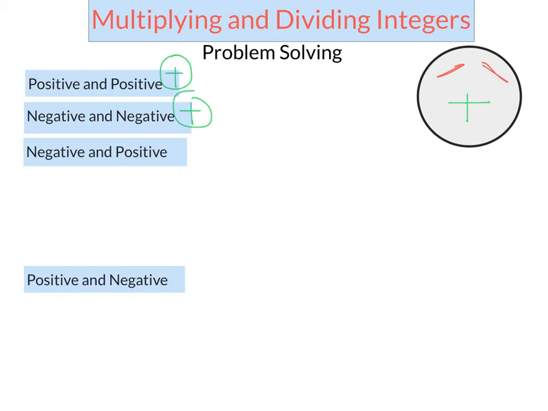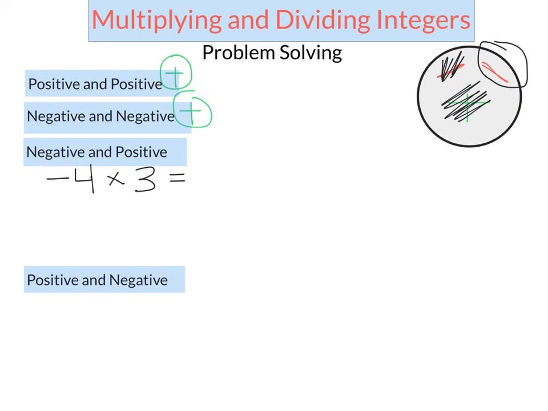Let's look at two more examples. Right now I've got negative and positive, and positive and negative, multiplying and dividing. Let's start with negative and positive. If I have -4 times 3, I'm going to use Dozy Man and cover up what symbols I see right now. I have a negative and I have a positive. That means I'm left with a negative sign.